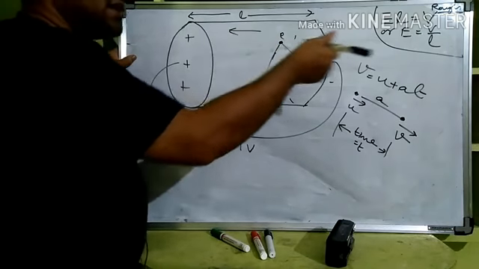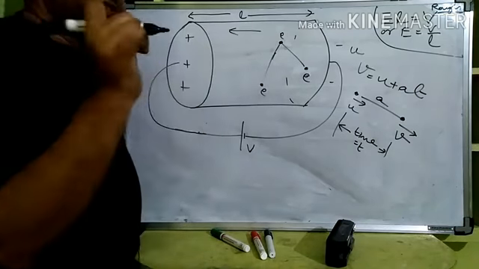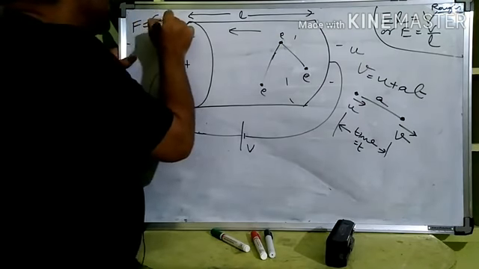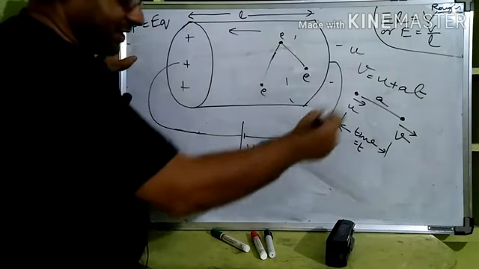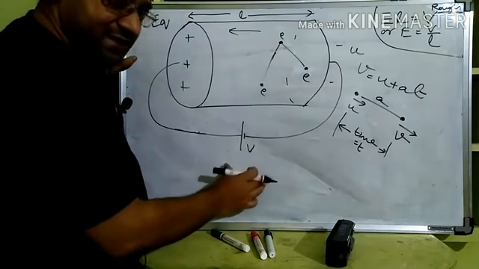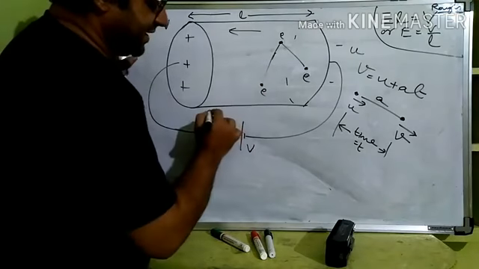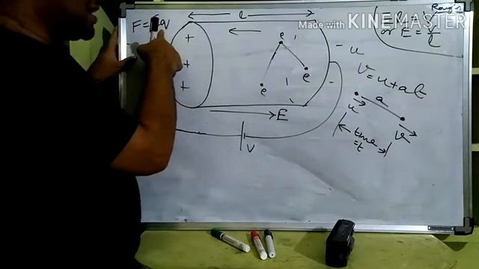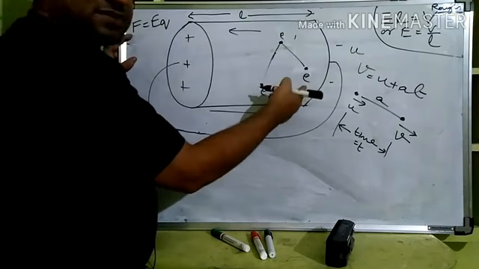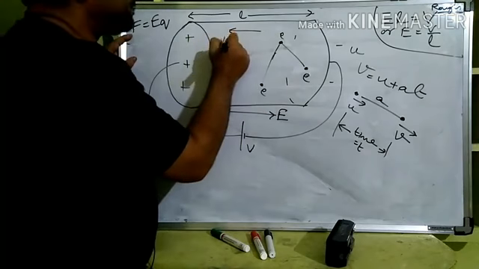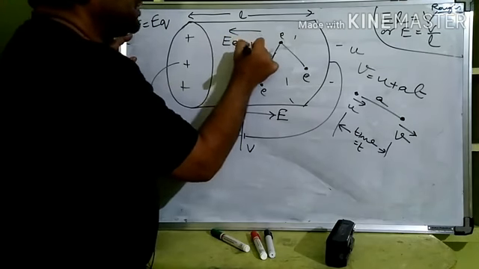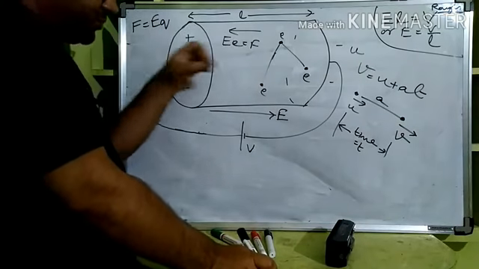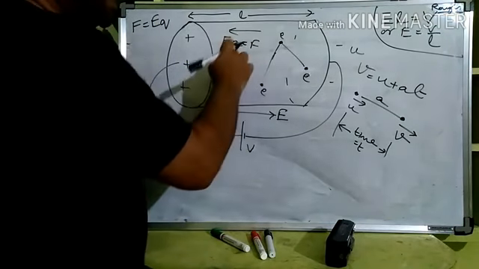So because of this, it will move, and whenever there is a force, there is an acceleration. What force is here? F is equal to eE. If one potential is applied, one electric field E is generated, and E multiplied by the charge is F. Here the charge is small e only, so with eE force, it is always pushed in this direction, pulled by the positive side or pushed from this side with eE force.